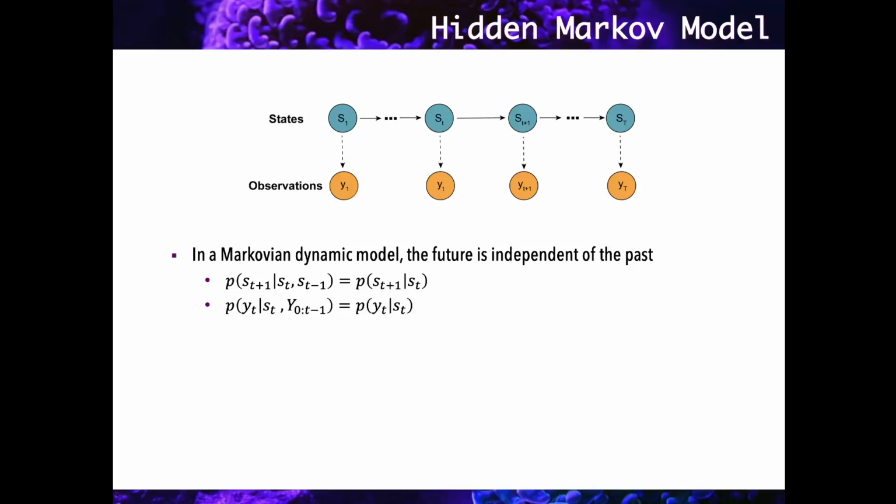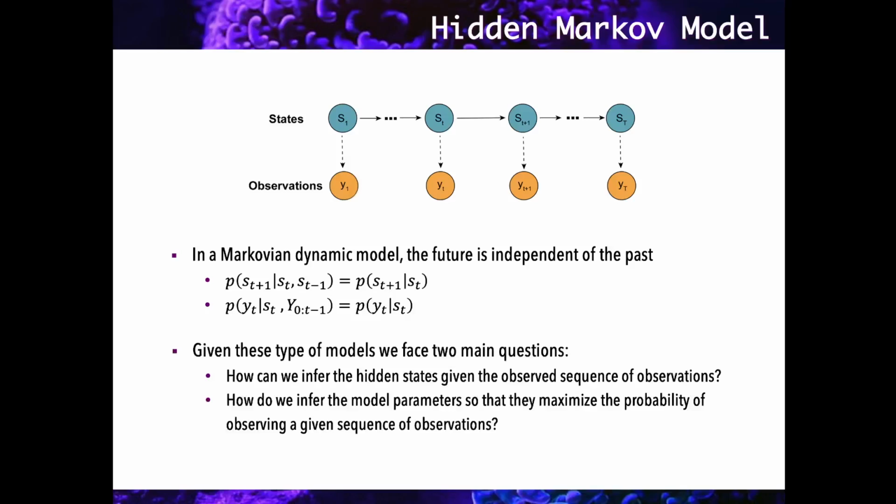We also assume that the probability of making a certain observation only depends on a specific state, and not on our whole data set and different types of states. So we will have a series of observations that will be related to a specific state.